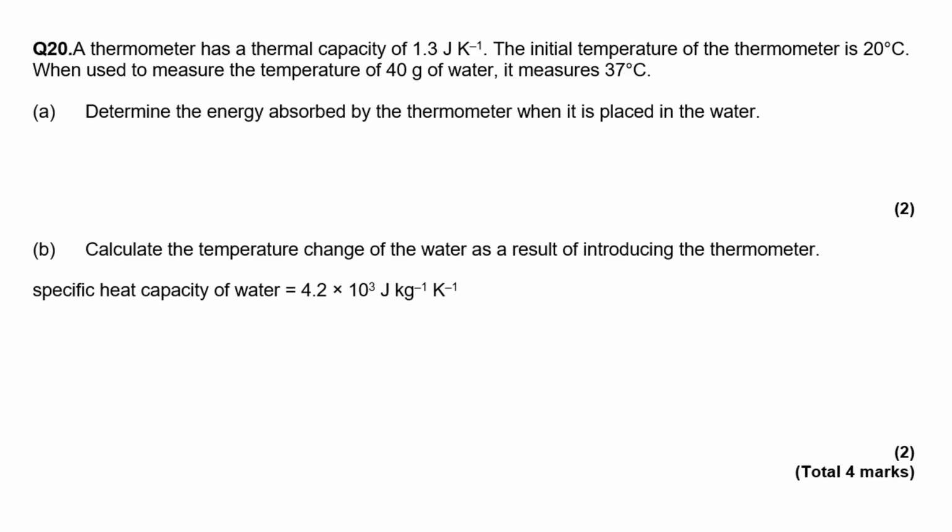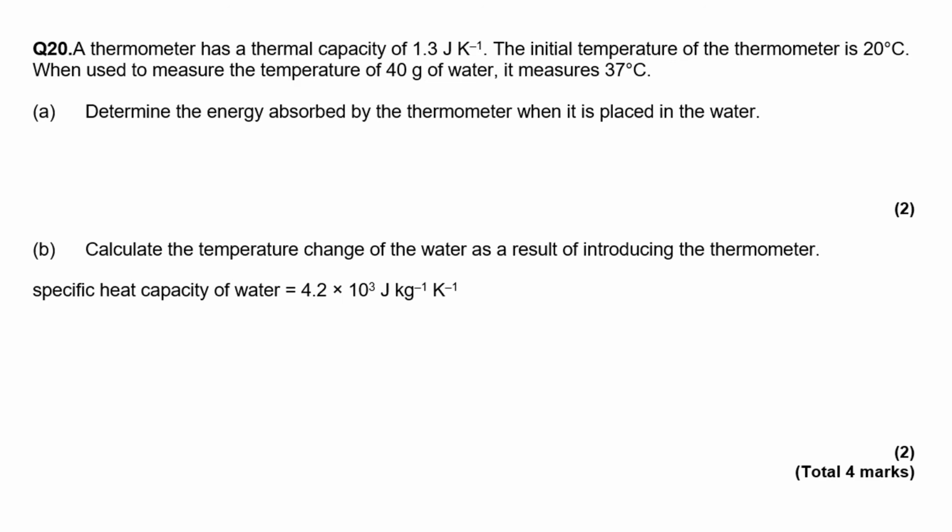Okay. So moving on to some thermal physics longer questions. We've got a thermal capacity, which is basically like mass times specific heat capacity, of 1.3 joules per Kelvin. Initial temperature 20 degrees, final temperature of 37 degrees, and we've got water of 40 grams that is being used to measure.